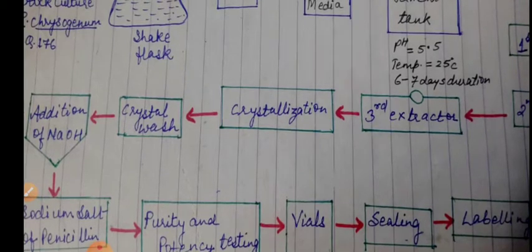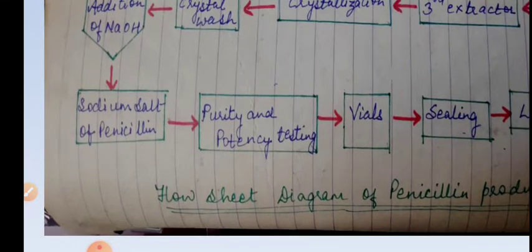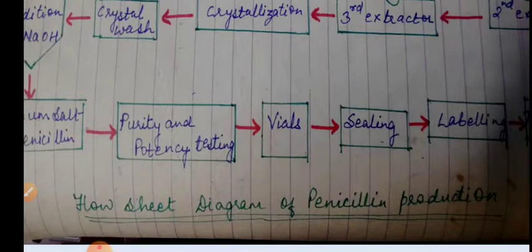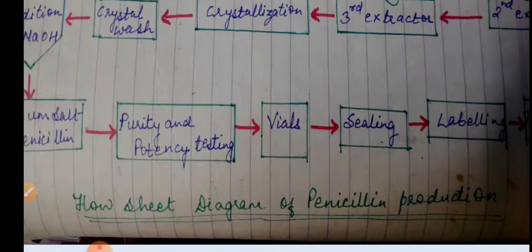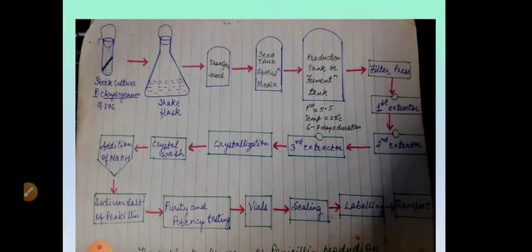Okay, so first time, second time, third time extraction is done, and finally the product is crystallized. The crystals are washed, and then you add NaOH or KOH to get the sodium or potassium salt of penicillin. The metal salts of penicillin are subjected to purity and potency testing. It may be filled into vials or converted into tablets, sealed, labeled, and then transported. Okay, so this is how production is done.